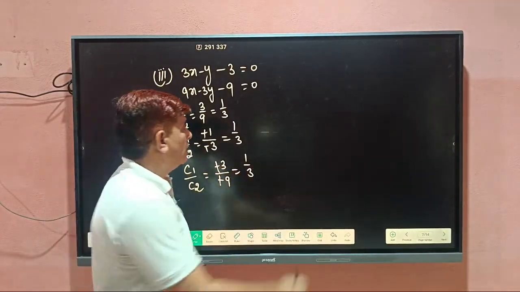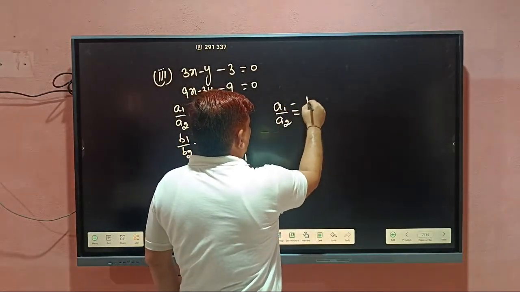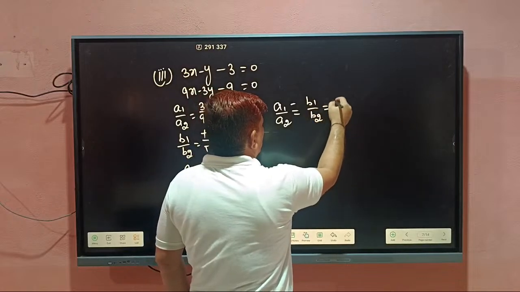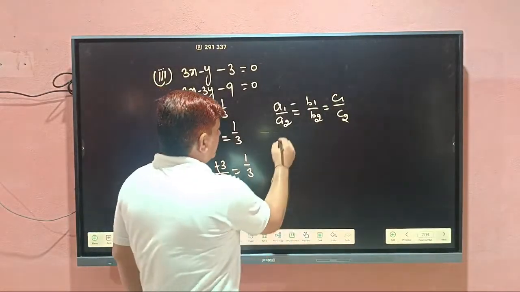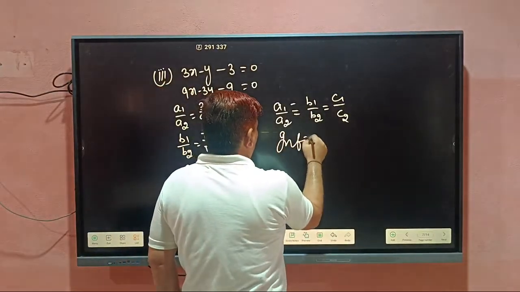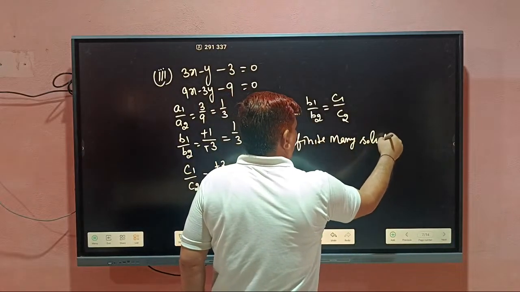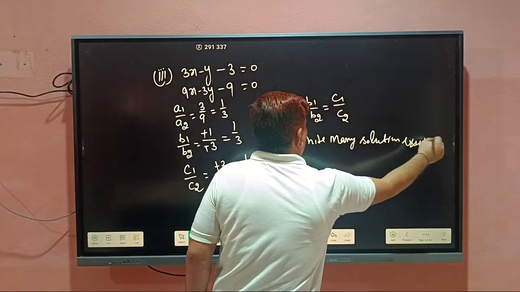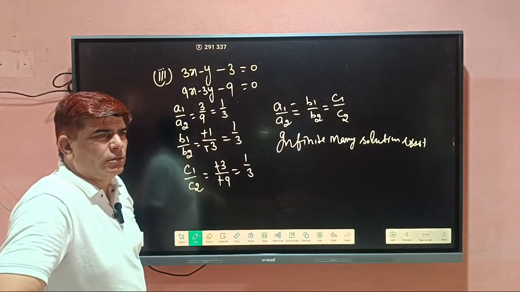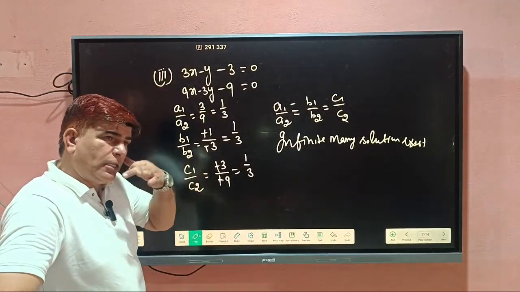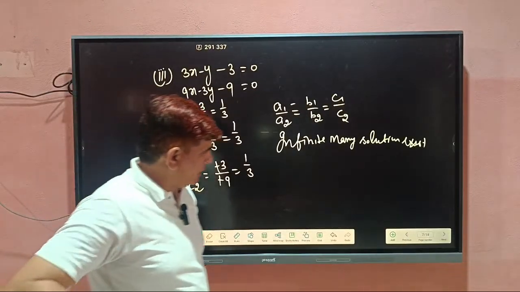So what condition here? a1 by a2 is equal to b1 by b2 is equal to c1 by c2. In this case, how many solutions? Infinitely many solutions exist, not a particular solution. So many values of x and y are possible here. You can solve till here, it's sufficient for this.